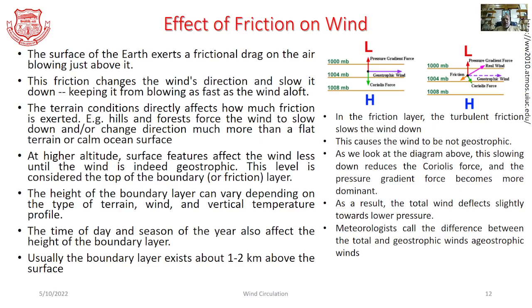The surface of the earth, which is irregular and rough, exerts a frictional drag on the air blowing just above it. As we discussed on the initial slide, it will alter its direction as well as cause a reduction in its velocity.